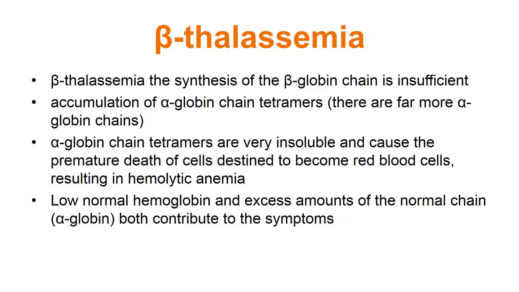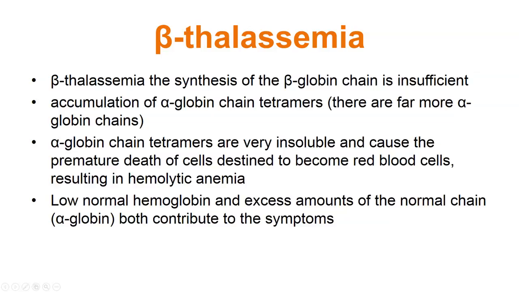You can almost think of it as a pseudo hemoglobin molecule. If there's not enough beta globin to pair with, it tries to pair with itself. However, these alpha globin chain tetramers are very insoluble. You've already seen examples of other proteins that are insoluble, precipitate out, and end up killing cells. That results in hemolysis, a hemolytic anemia.